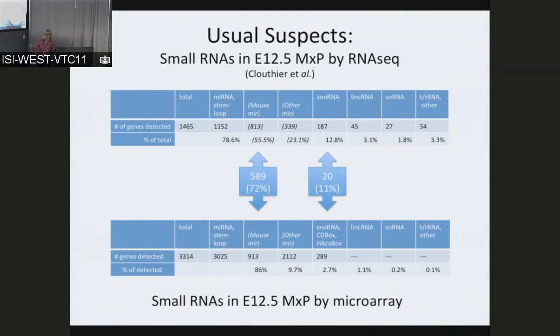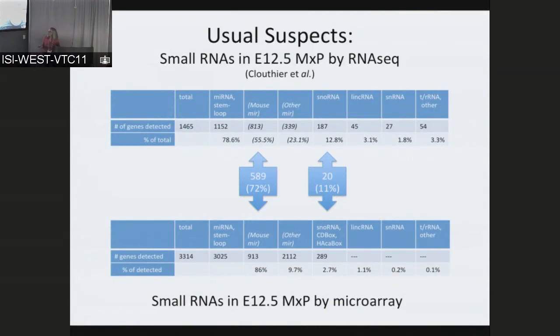That's really a lower limit because a lot of the differences have to do with naming conventions. And it's probably much closer to 90% of what's detected here is actually here, if we could align them properly. The bad news, though, is with the snoRNAs, only 20% of what was detected in the RNA-seq data was detected here by the microarrays. And so there are issues there.